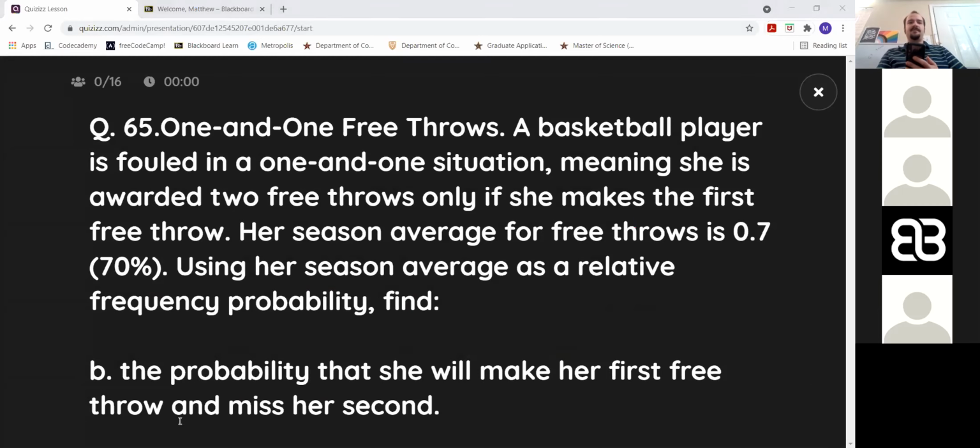I think one of the key words here might be the and word. So she's going to make her first and miss her second.